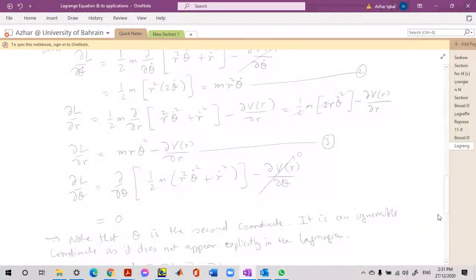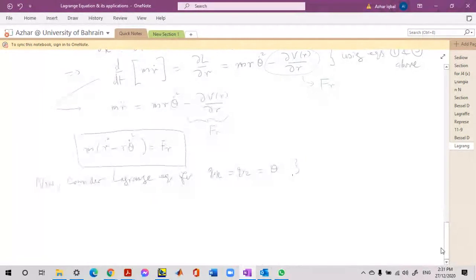It gives d over dt of partial L over partial theta dot, because qk is theta, and it should be equal to partial L over partial theta according to the Lagrange equation.